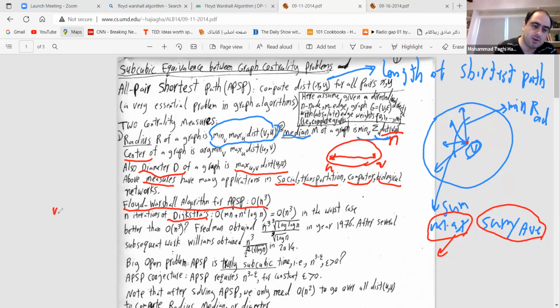What is the Dijkstra algorithm? This is also called single source shortest path.